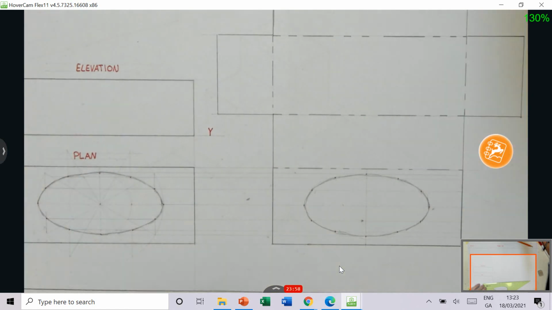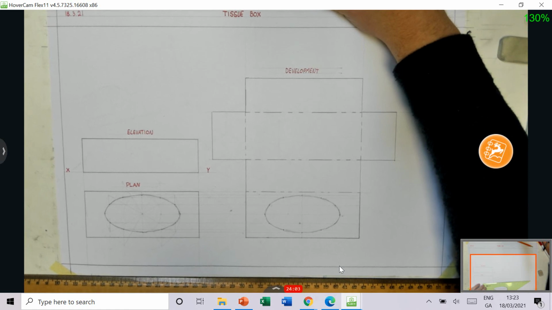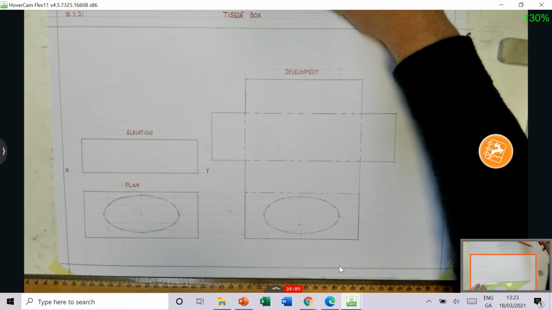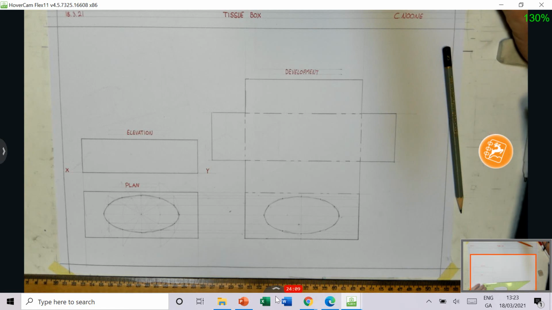Okay, so that's how to draw the tissue box on page 249 of your books. Let me know if you have any questions, and I hope you found that helpful.